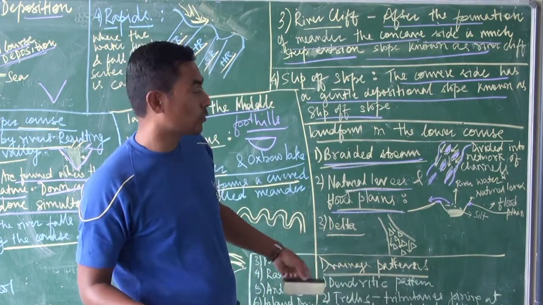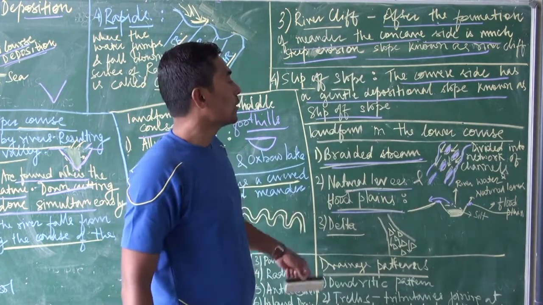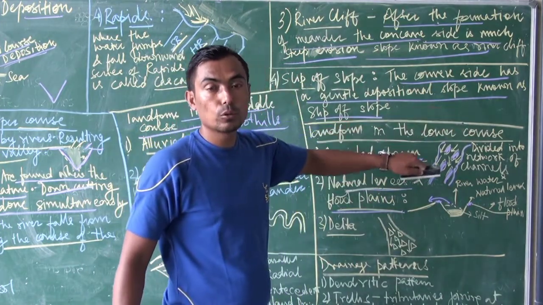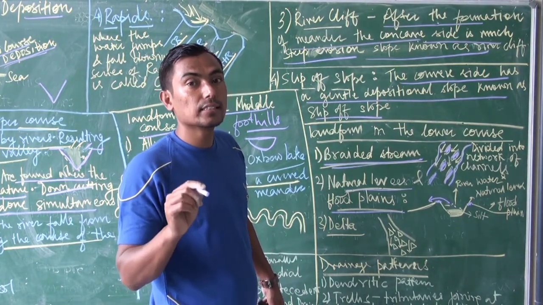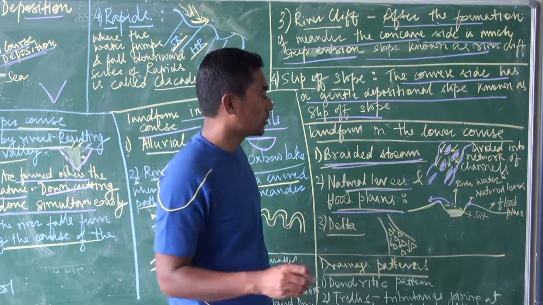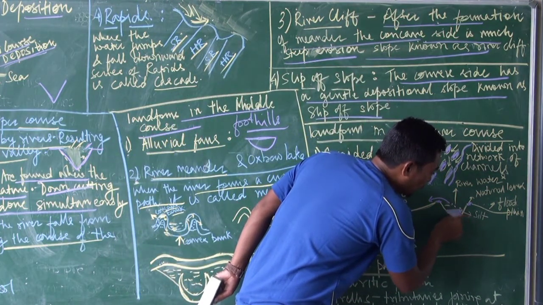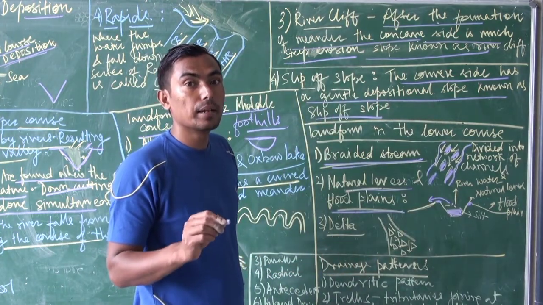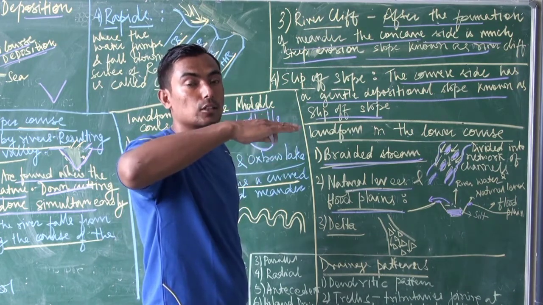Natural levees come into existence in the lower course, which means deposition. Those fine sediments brought down by the rivers get deposited along the bed of the river, so the water level starts to rise.